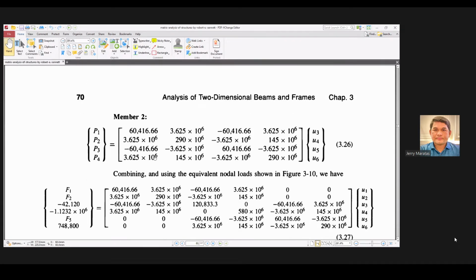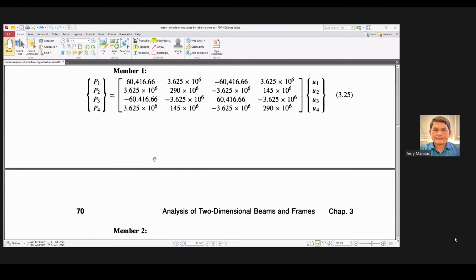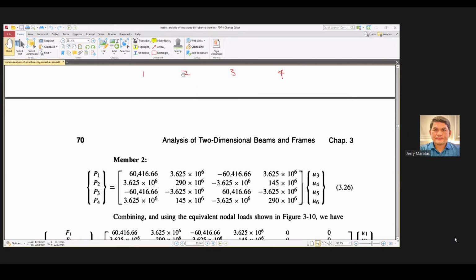After that, you combine. So please take note of those markers, di ba? Pag-combine ninyo, 1, 2, 3, 4, this is 3, 4, 5, 6. After that, this 1, 1, di ba?